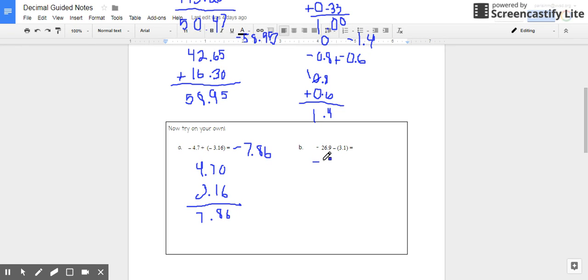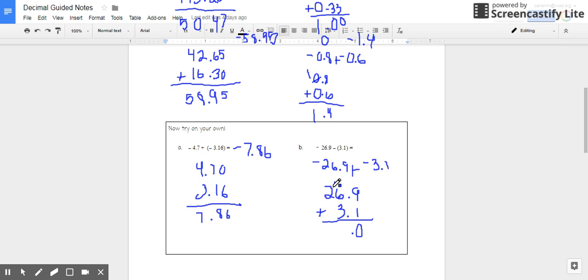Okay, next we need to change this to an addition problem. So negative 26.9 plus, we're taking the opposite of 3.1, which is a negative 3.1. Same signs, we need to add. So 26.9 plus 3.1. See how I'm lining up that decimal point. Now add. 9 and 1 is 10. 0.